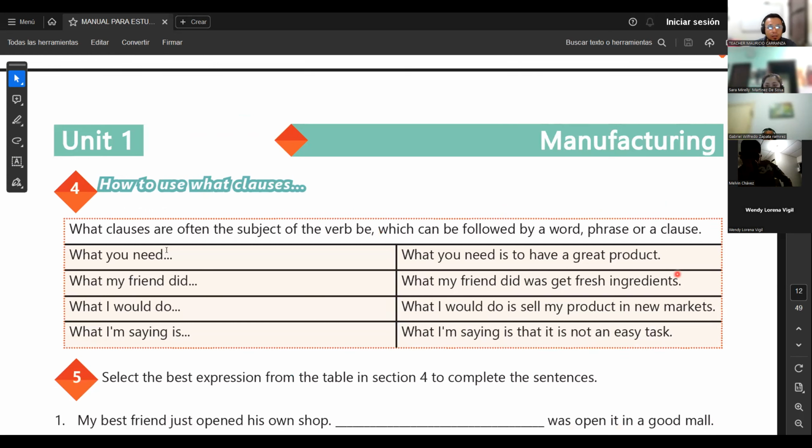They are often used as the subject of the verb be, and they are followed by a word, phrase, or a clause. Most of the time they are used to introduce opinions or points of view, so that depends on the idea you want to transmit. These are some common what clauses that we can use.